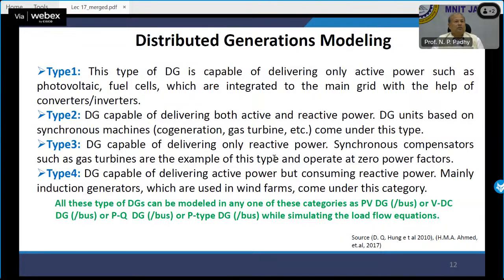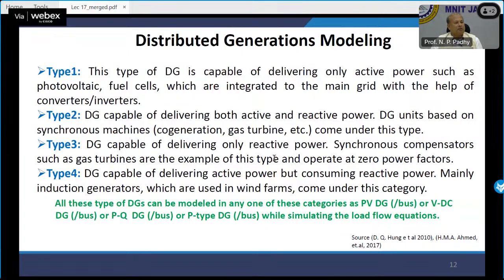Okay, so what is type 1 modeling? This type of DG is capable of delivering only active power, such as photovoltaic. So I cannot model a PV DG with a wind DG. Similarly, there are different elements. Similarly, type 2, where the DG is capable of delivering both active and reactive power.